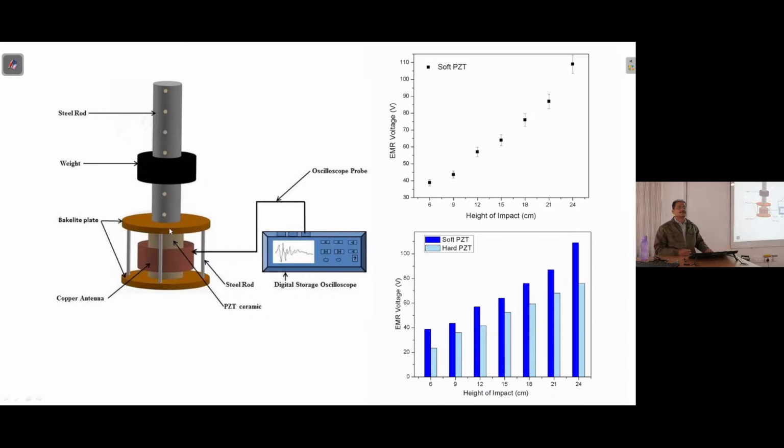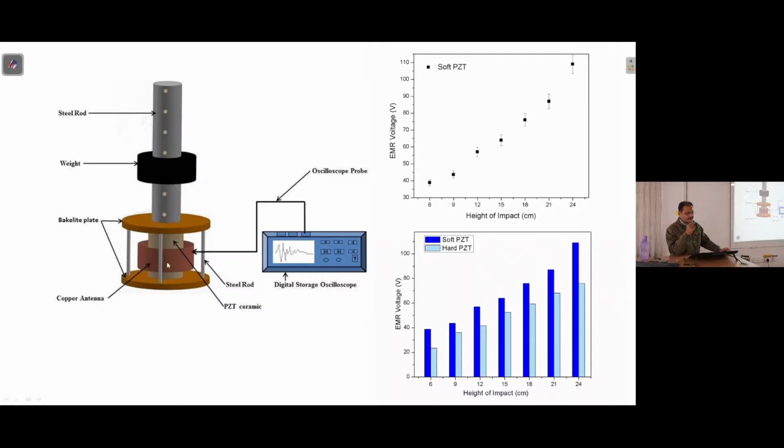Now suppose you have a conducting material attached to it, then the charge will immediately get transferred. If that happens, then we may not get any signals. So for that purpose, it has to be insulated at the top and bottom. The bakelite plate also provides support, but it also insulates. So both things we could have with this. That is the benefit.